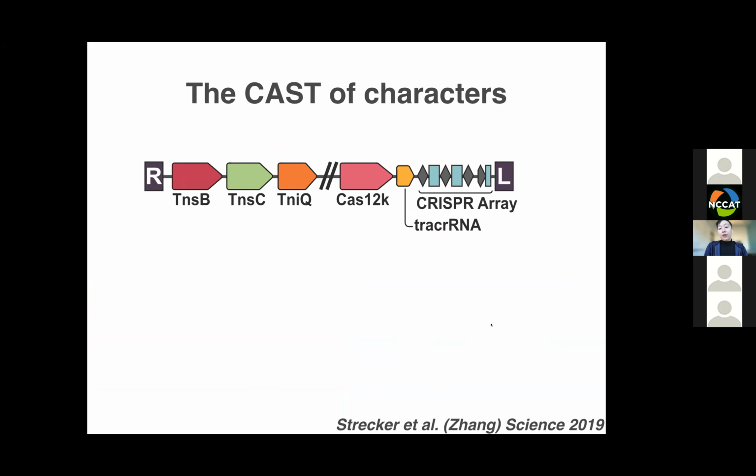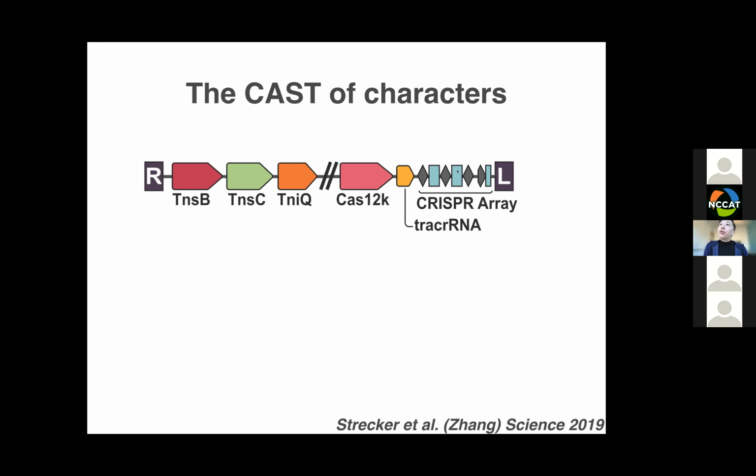So I'm just going to tell you, there's a lot of parts involved with this transposon. This is actually a very complicated one. It contains numerous genes. And this is the right and the left end of the transposon. Within the transposon itself, it encodes a number of different protein coding components, which I indicate with these colored blocks.